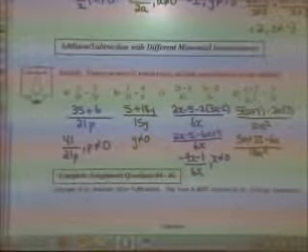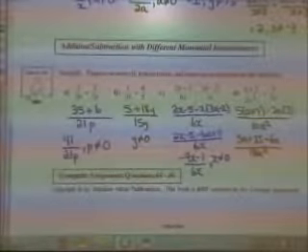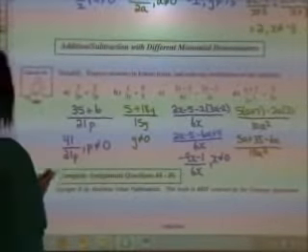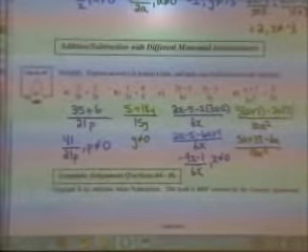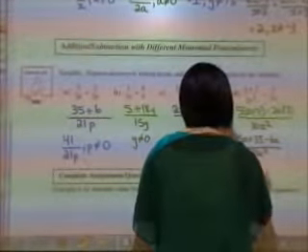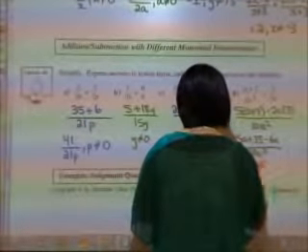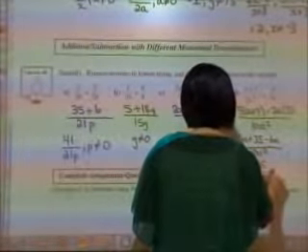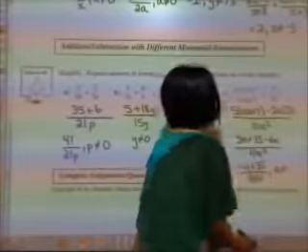So if I simplify the top, what would I get? Yep. All over 10a squared. And what can't a equal?